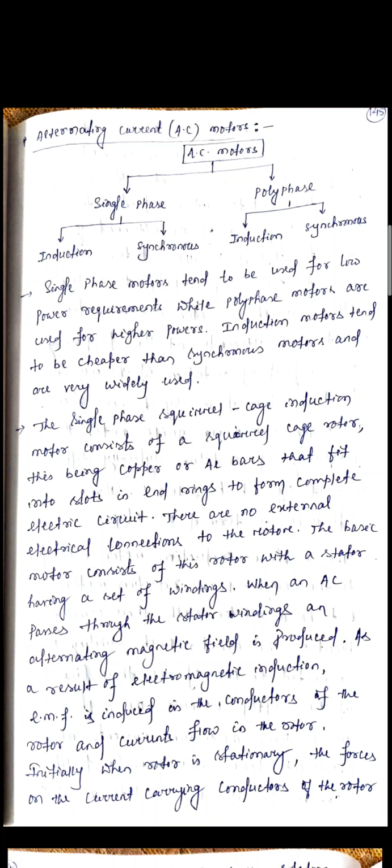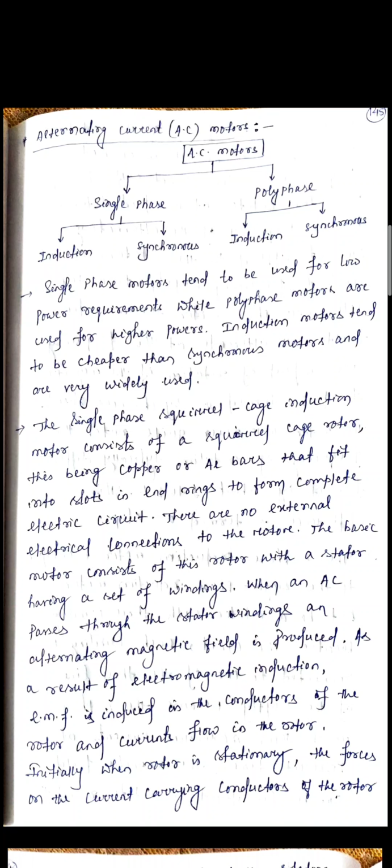So the material is copper or aluminum bars. There are no external electrical connections to the rotor. The basic motor consists of this squirrel cage rotor with a starter having a set of windings.